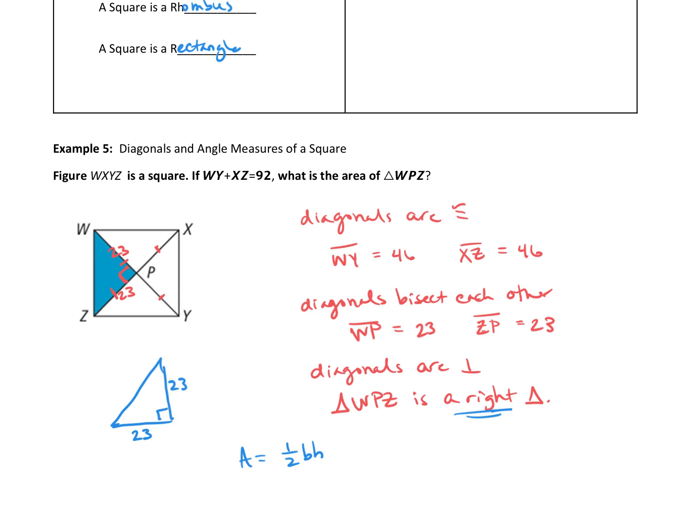So the fact that this is a right triangle is very helpful because now we know what our base and our height is to plug into our area formula. So 1/2, our base is 23 times our height of 23. When we multiply those three together, we get 264.5. We don't have a unit of measure, so we'll just say units squared because that is an area measurement.